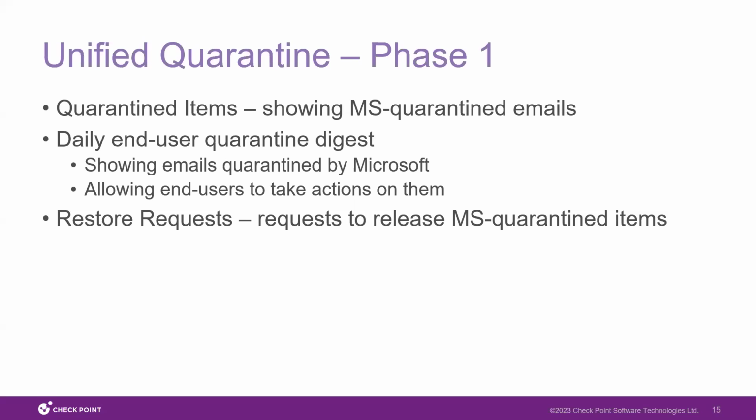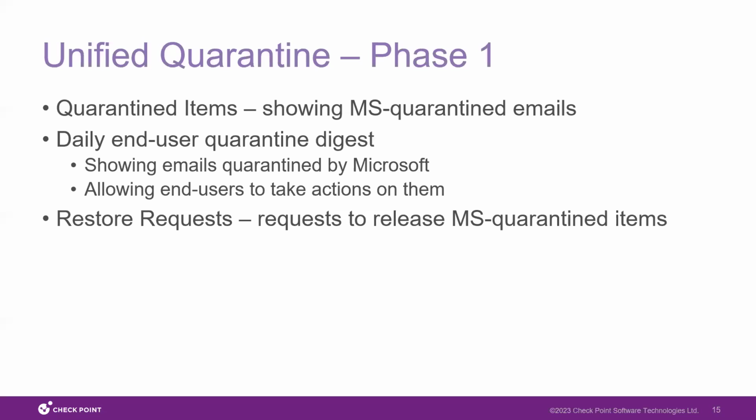The second piece is the end user quarantine digest. Not everybody uses this, but many customers turn the digest on. You have it configured in Microsoft to send a notification once a day saying these are the messages we stopped, they're in the quarantine, and the user can review them to make sure it's nothing they needed or expected.